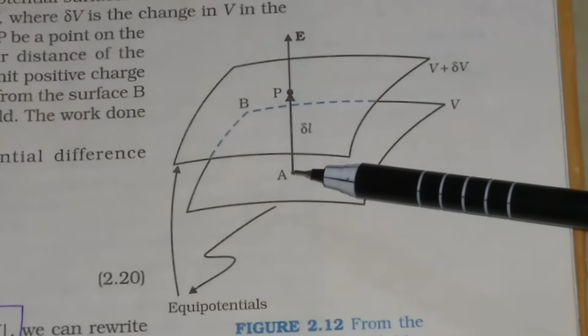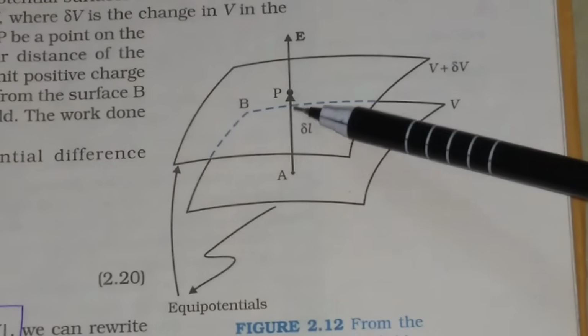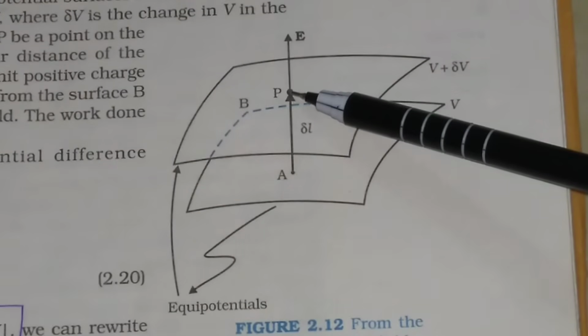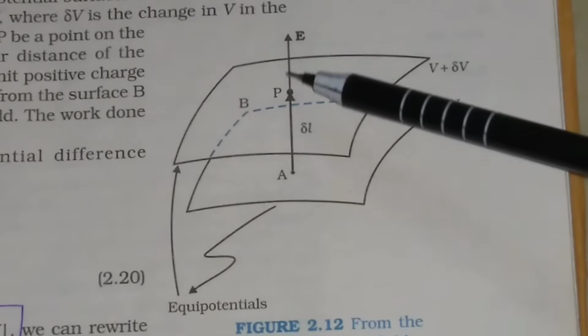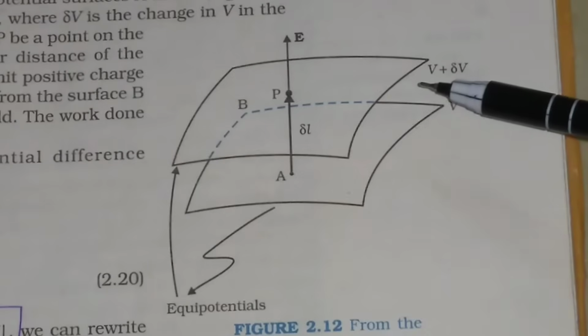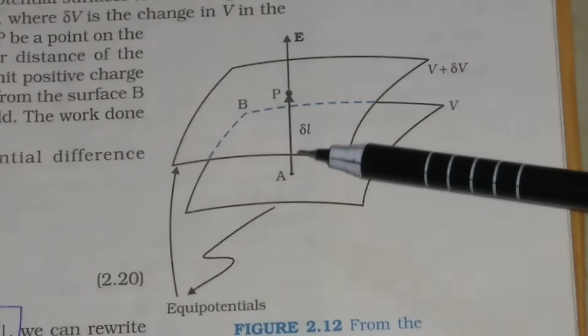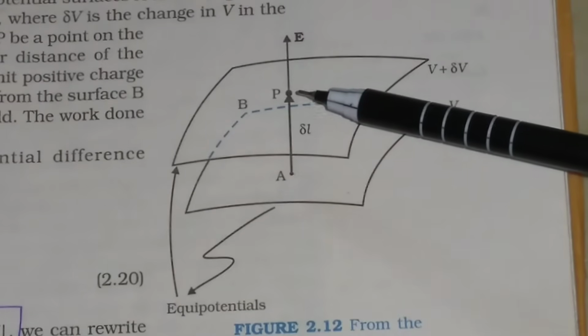Suppose the direction of the electric field is from the surface A towards the point P. So this is the direction of the electric field E, and delta V is the change in potential in the direction of the electric field.